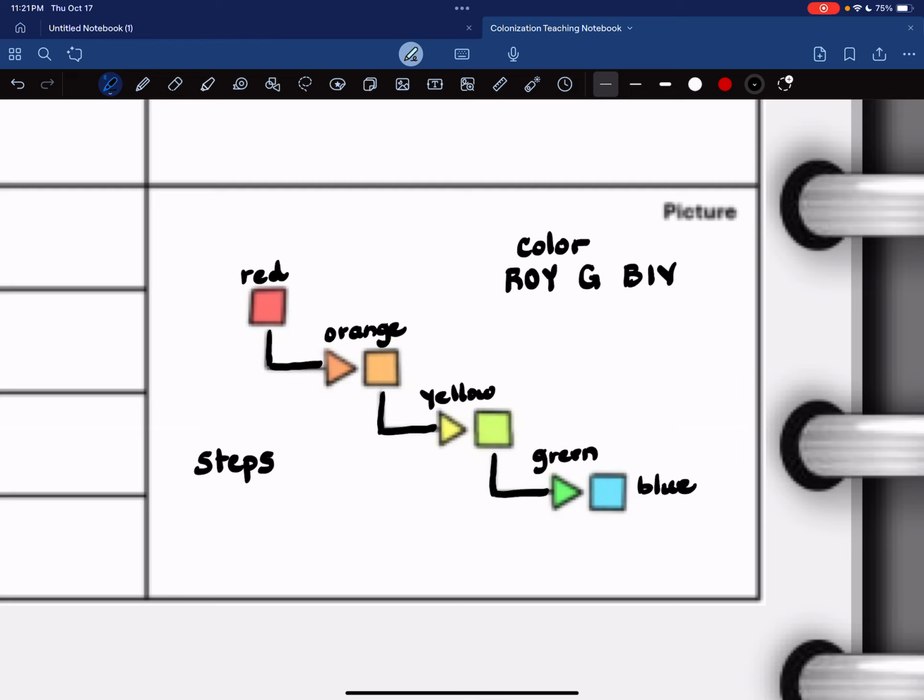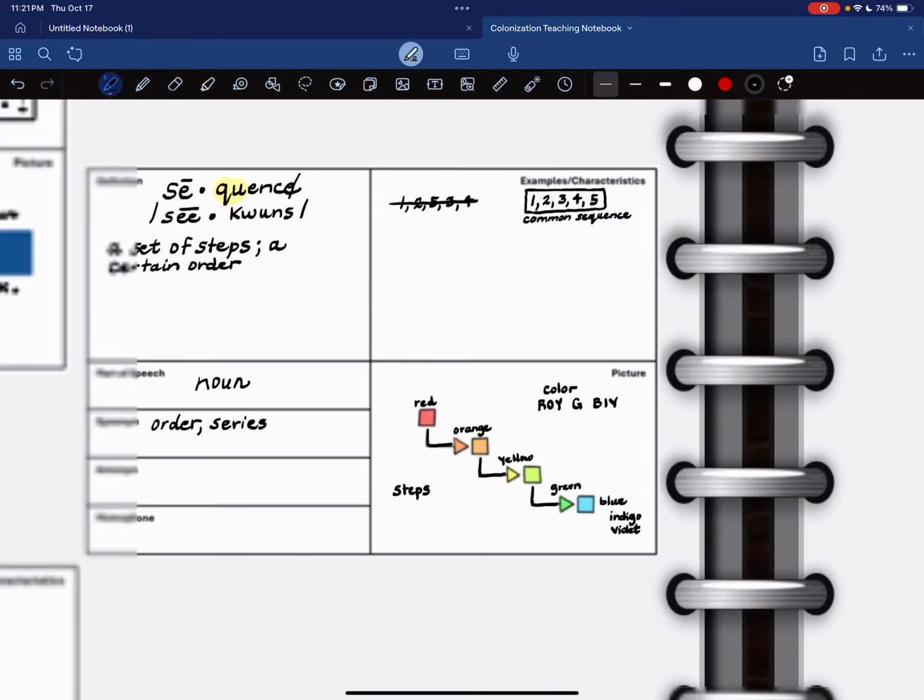And if we finished the sequence, we would have indigo. Remember what indigo is. And then finally violet. So there is a sequence of color that's unfolding here. Just like the sequence of the rainbow never changes. The colors will always be in that order.